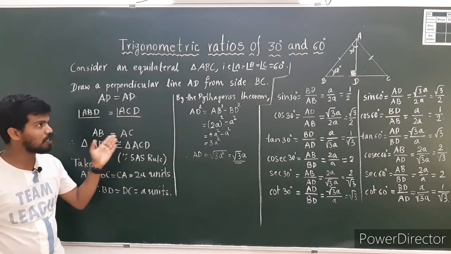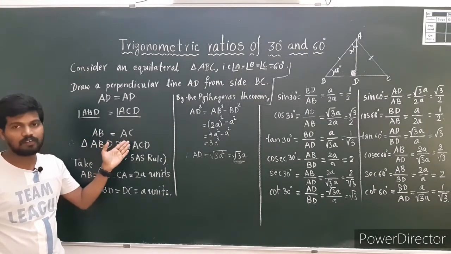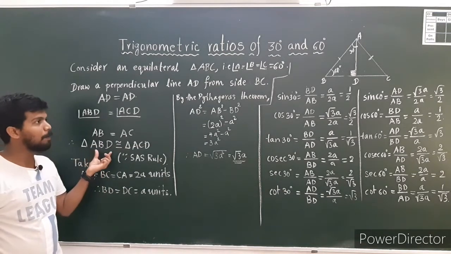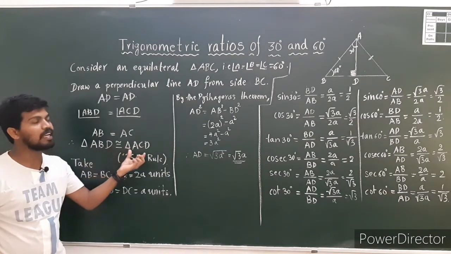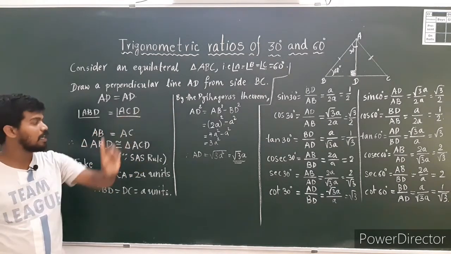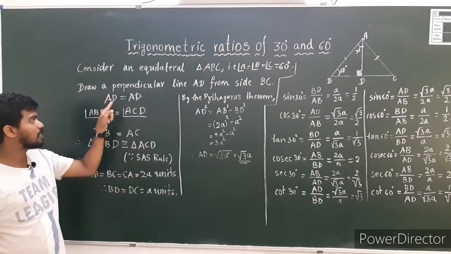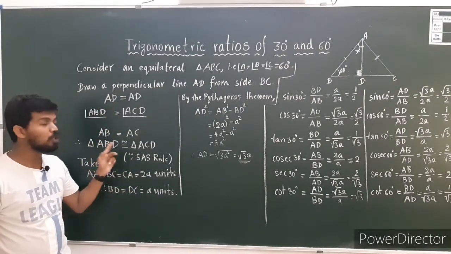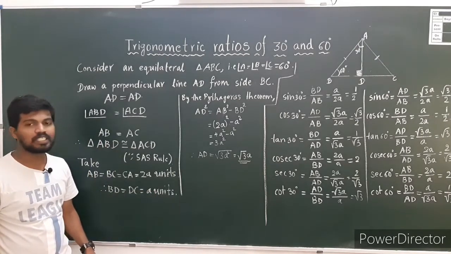So that is the hypotenuse, and that side is also equal in an equilateral triangle. Therefore triangle ABD is congruent to triangle ACD using SAS, the side angle side rule. So both the triangles are congruent to each other.